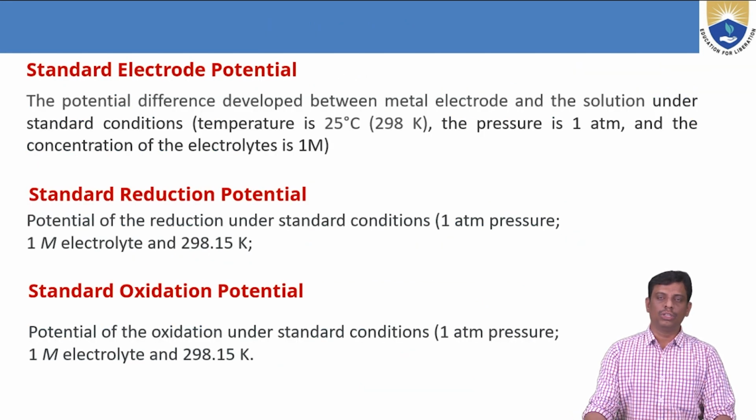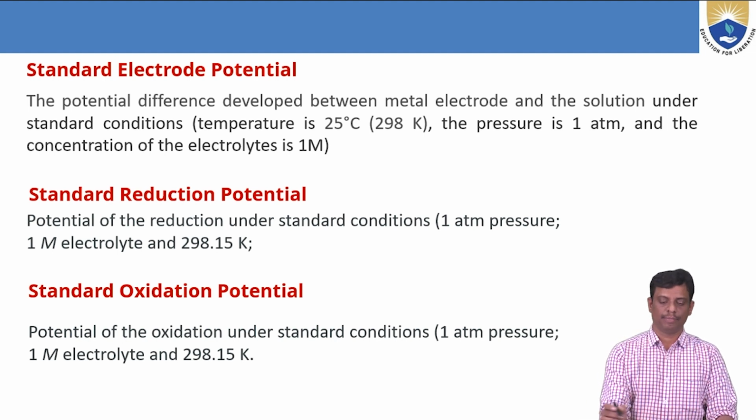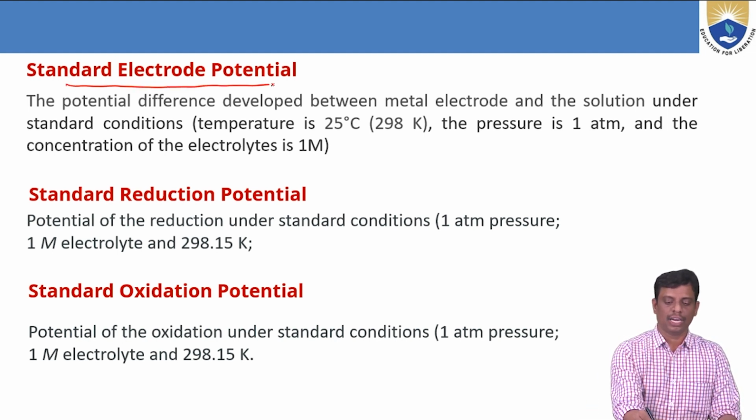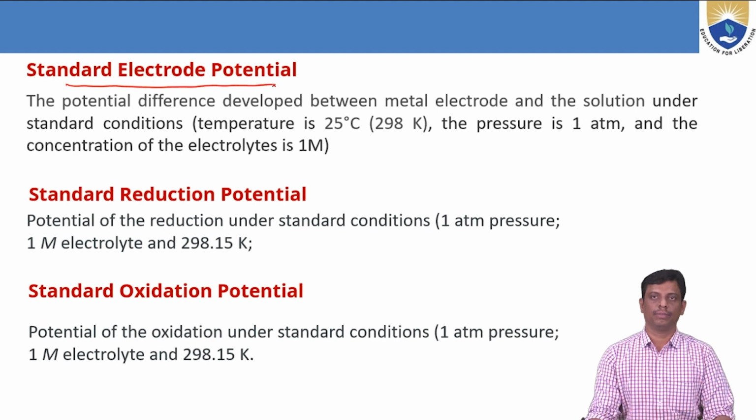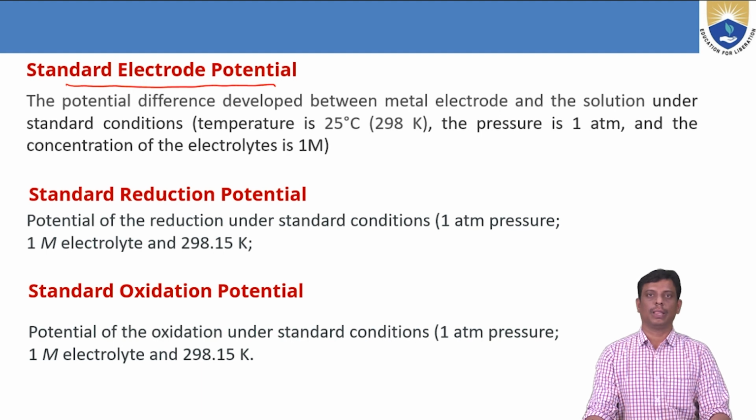Then we come to the standard electrode potential. What is the standard electrode potential? We know it is the potential difference between the metal electrode and the solution. The electrode and electrolyte solution potential difference is called the electrode potential.